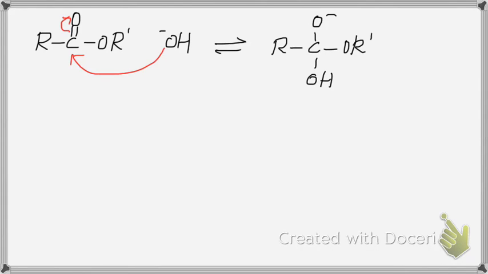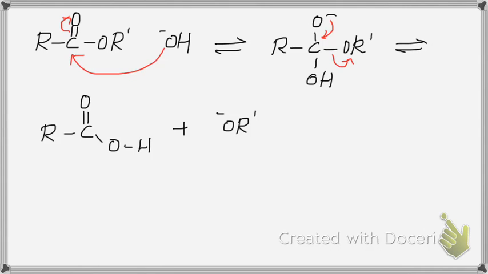Now we have a negative charge on one of the oxygens, which can come back to reform the carbonyl. At the same time, the alkoxide will serve as the leaving group. So after this step, we get one carboxylic acid and one alkoxide ion. Alkoxide is the conjugate base of alcohol, right?